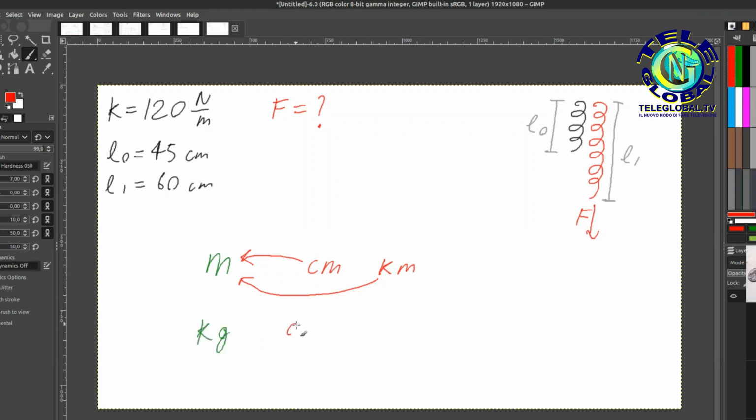So if you have grams, make sure that you convert. For time, it's seconds, etc. For everything else, make sure that you always convert to the base units.